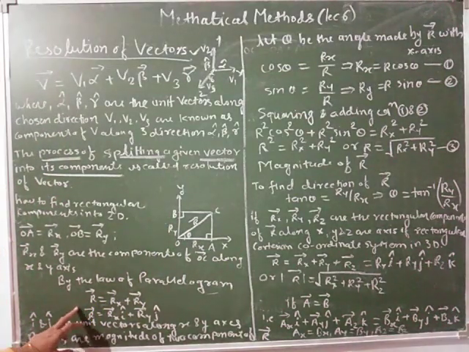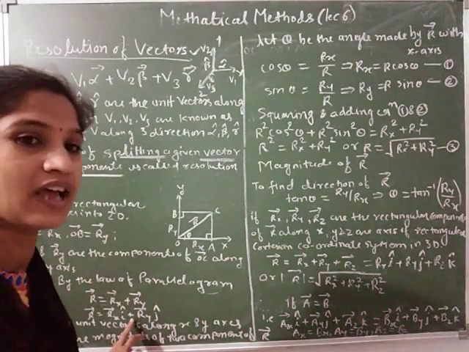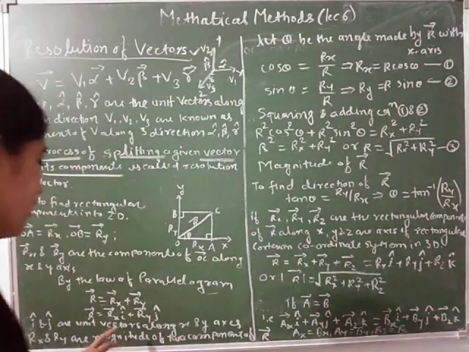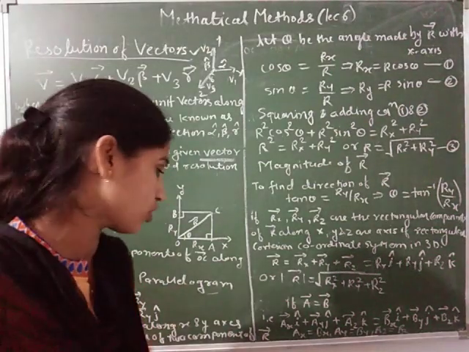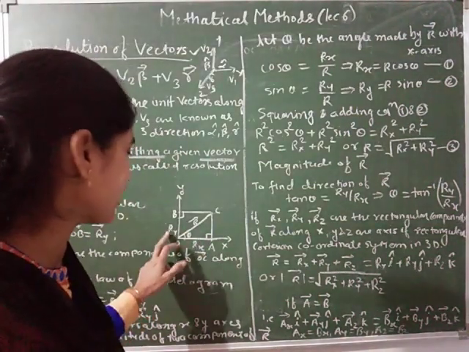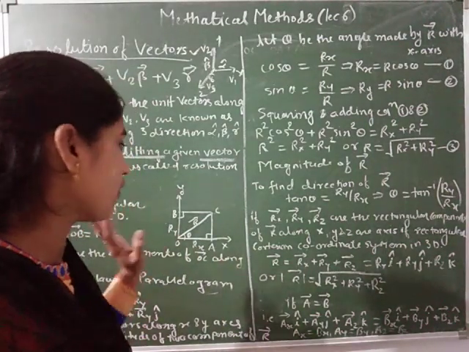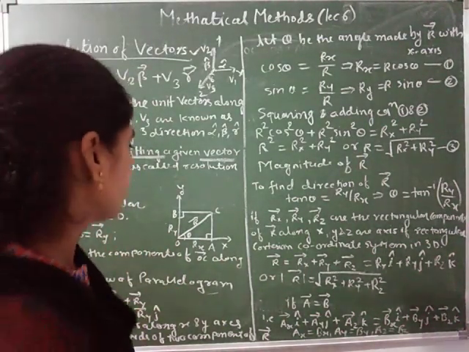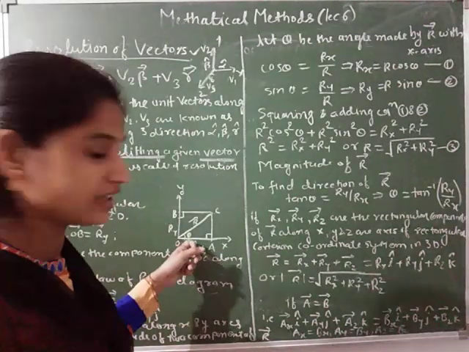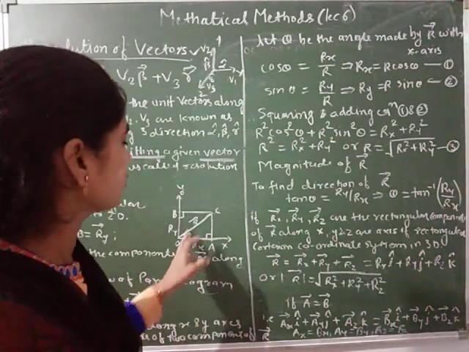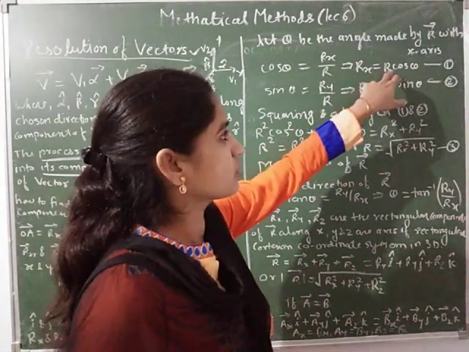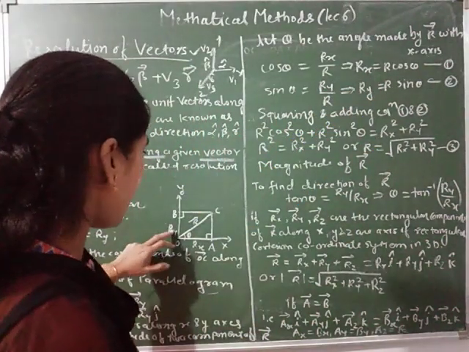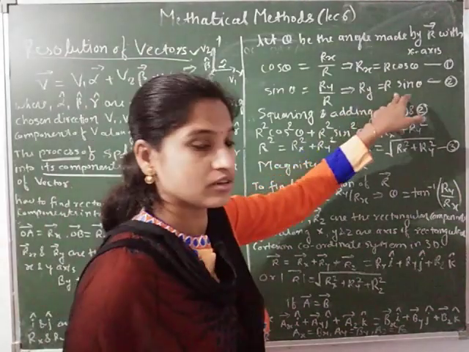It can again be written as vector R is equal to Rx into unit vector i plus Ry into unit vector j, where i and j are the unit vectors along the x-axis and y-axis, and Rx and Ry are the magnitudes of the components of vector R. Since vector R makes an angle theta with the x-axis, according to this diagram cos theta is equal to Rx upon R, so Rx is equal to R cos theta, and sin theta is equal to Ry upon R, so Ry is equal to R sin theta.